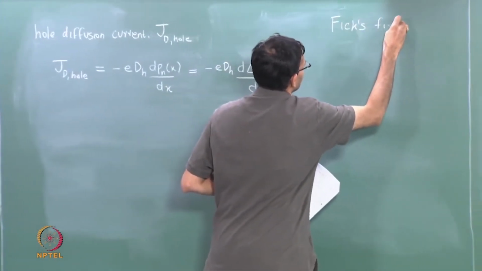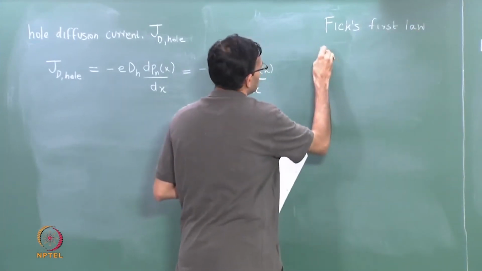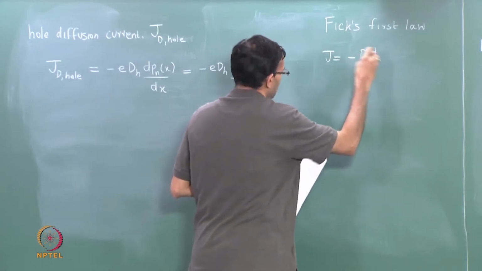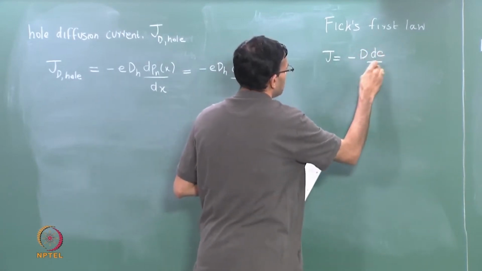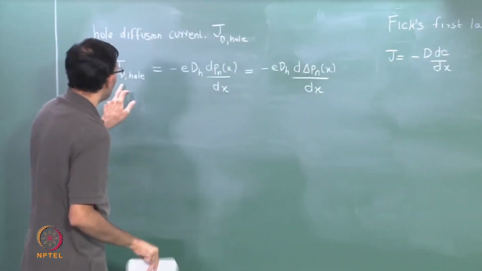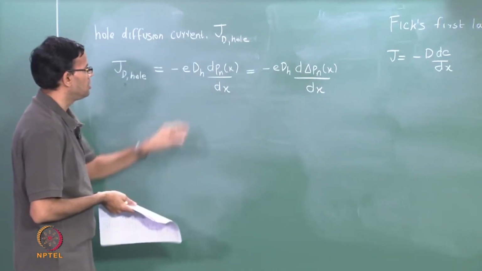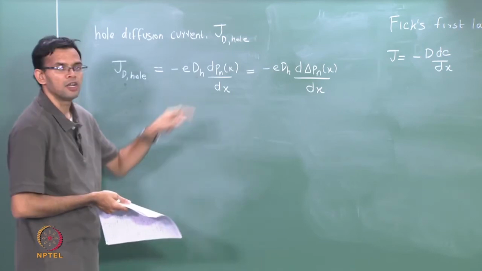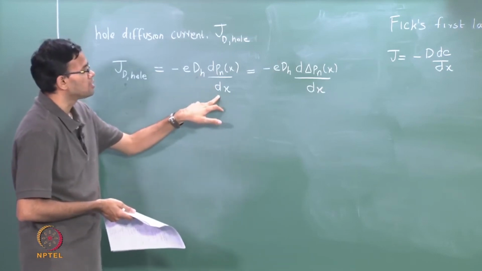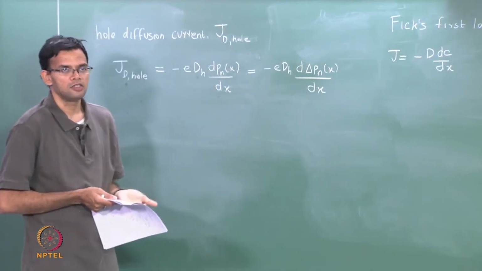So, Fick's first law says that the flux is minus a diffusion coefficient times your concentration gradient. So, now your flux is nothing but the hole diffusion current, which is equal to minus of a diffusion coefficient, and dP over dx or d delta P over dx is nothing but a concentration gradient.